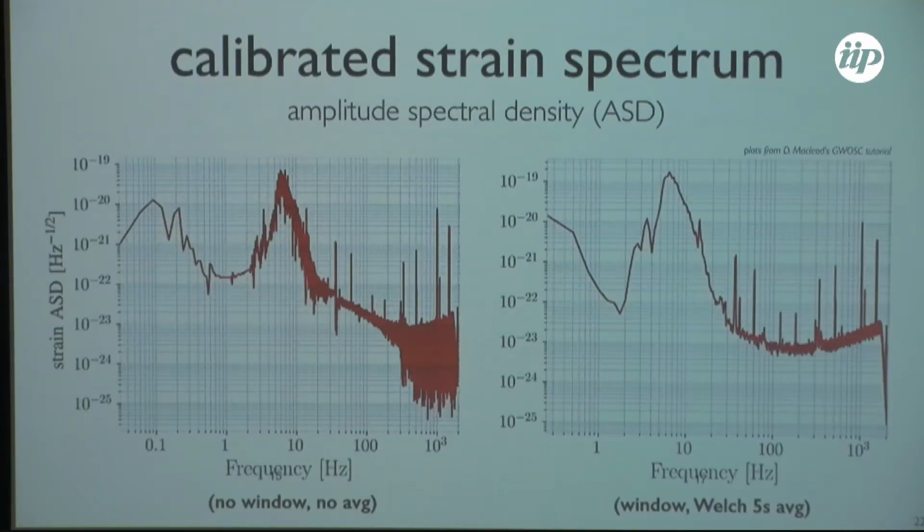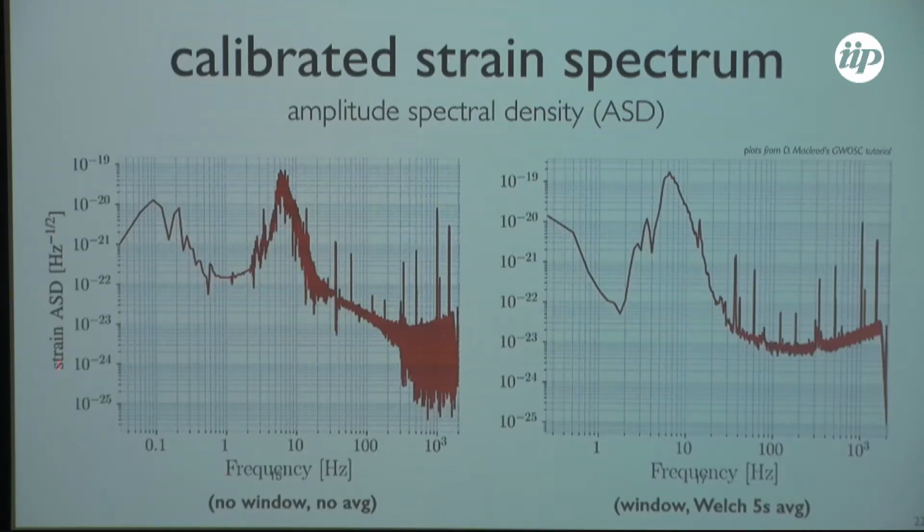For example, here. This should be the same data I showed you earlier, but I'm not 100% sure. In the time domain, I can just grab the data, and I don't know anything, so I just take a Fourier transform. I get something that looks like this. On the x-axis, you have the frequency.